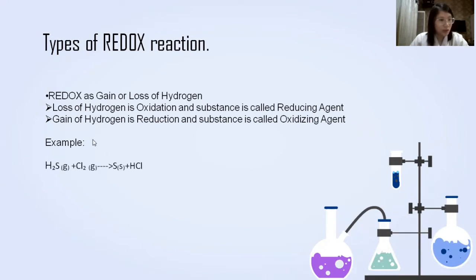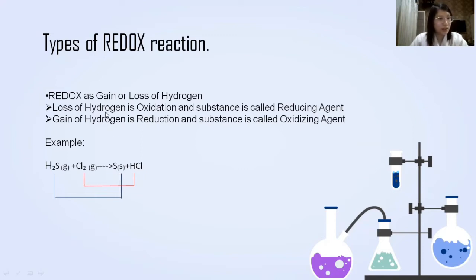For example, in this reaction, hydrogen sulfide and chlorine gas will become sulfur and hydrogen chloride. Let's take a look at this reaction. From hydrogen sulfide to sulfur, it shows loss of hydrogen.